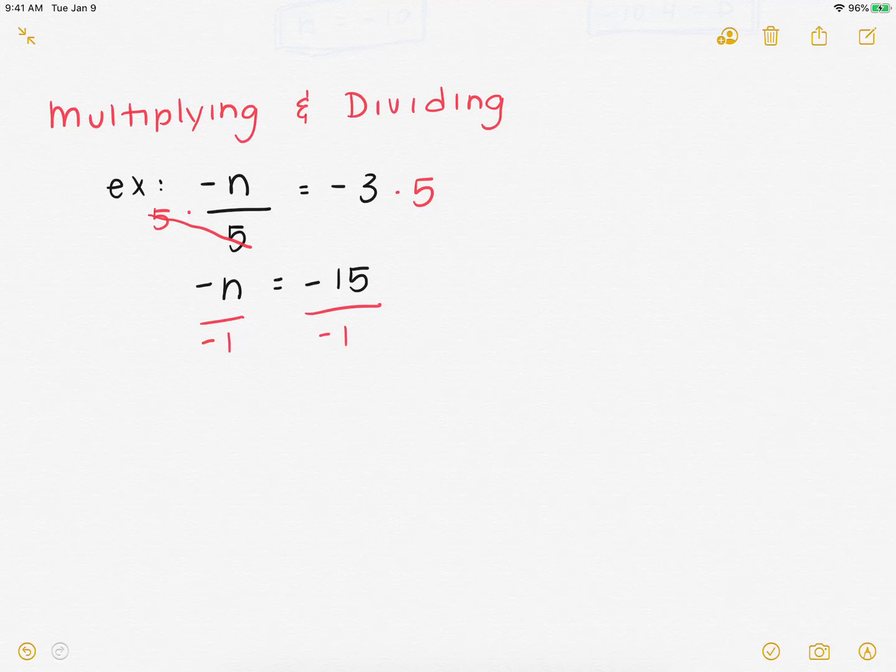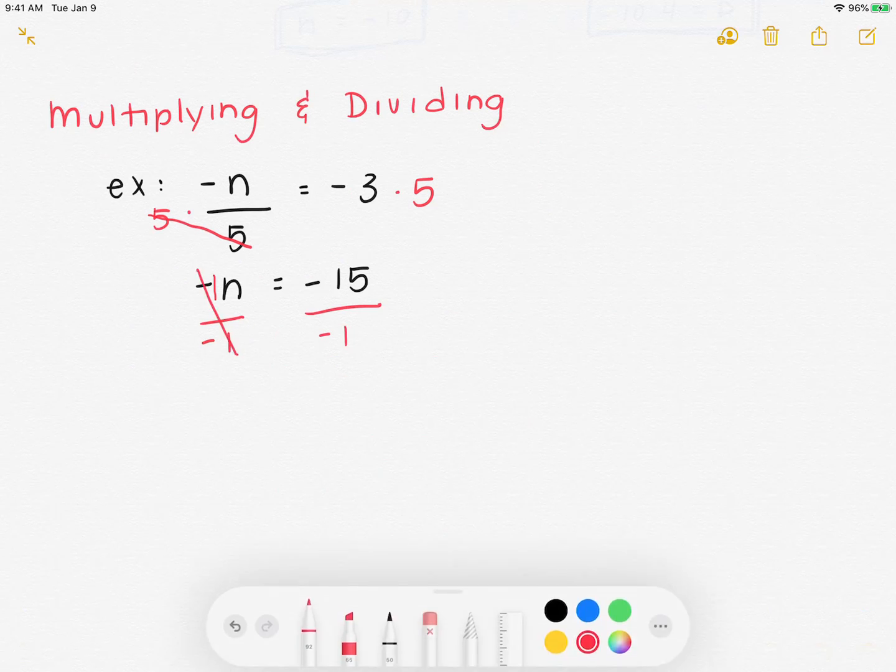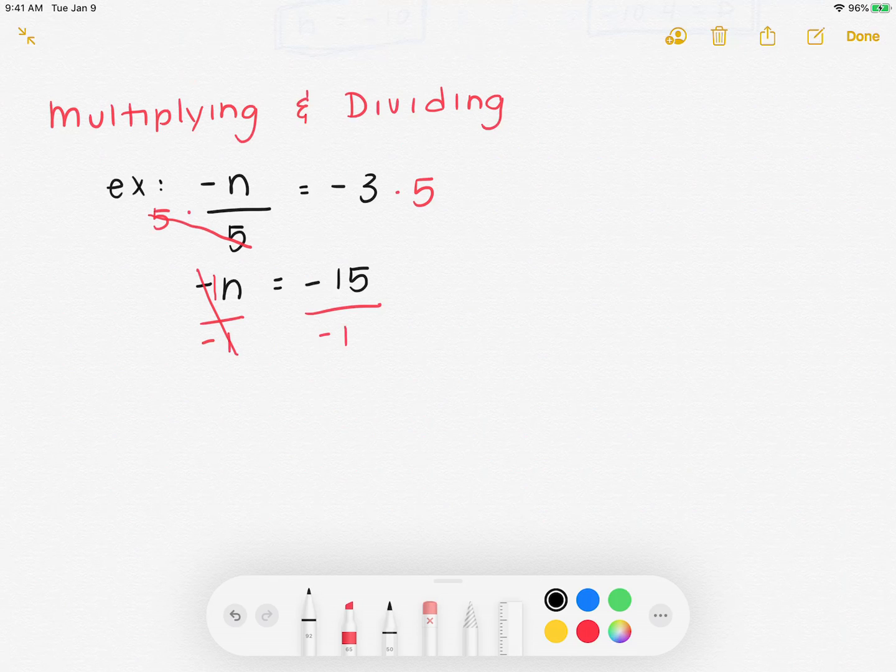Because it's really like I have a 1 here, but us mathematicians, we don't always write that 1 because we like to write as few numbers as possible. So since I have a -1 in front of my n, in order to get rid of it, I've got to divide by a -1, which cancels this out. And then that gives me n equals a negative divided by a negative, which cancels my negatives out, and 15 divided by 1 is just 15.